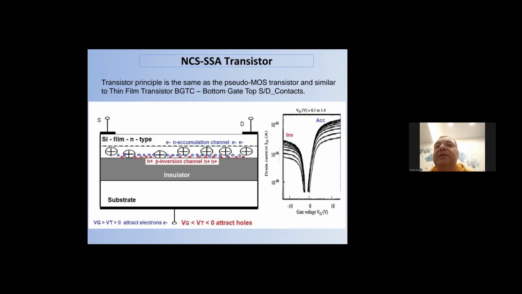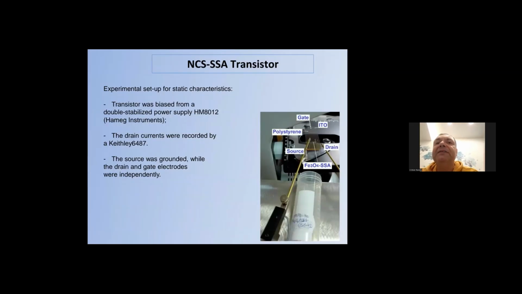You see here the transistor that was biased with a double stabilized power supply, HAMEG instruments, and the drain current was recorded by a Keithley picoammeter. The source was grounded, and the drain and the gate electrodes were independently biased.